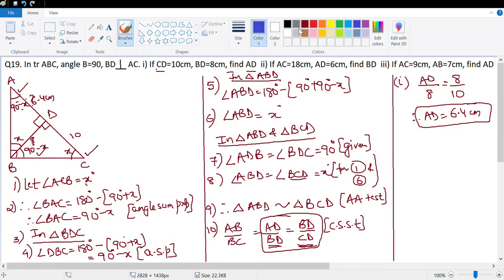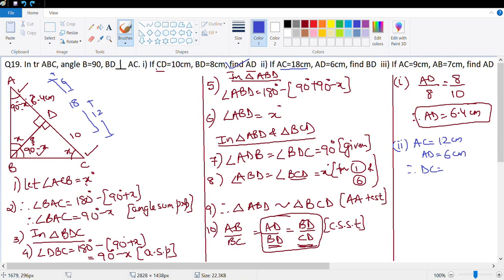Good, let's look at the second question. I'm not changing the diagram. This time AC is given equal to 18, this big line is 18. AD is given equal to 6. This is not 12, this is 18.